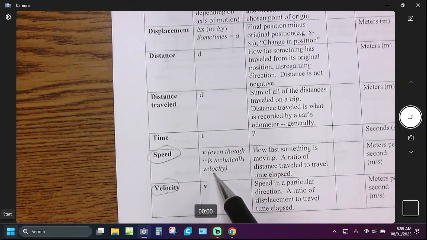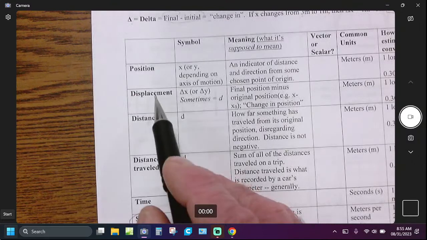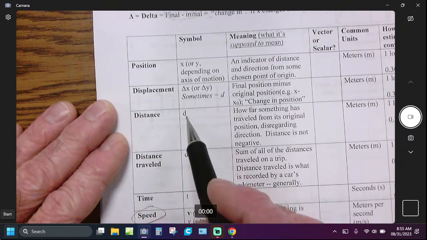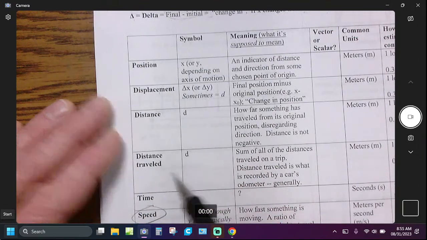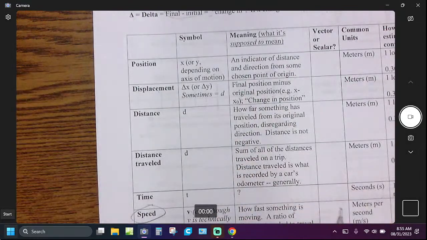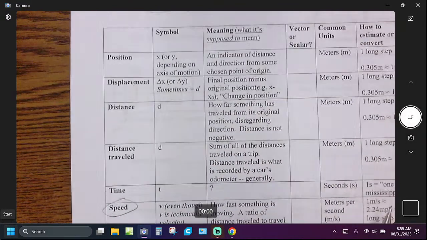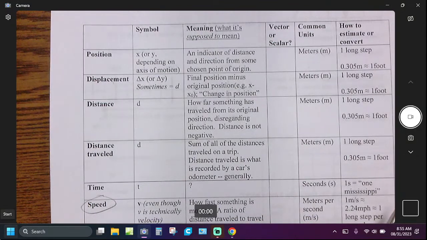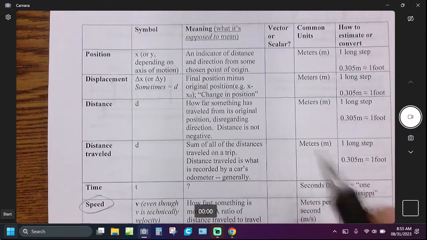And with displacement, a lot of times you'll see a displacement graph with a d in it, which is really for distance and distance traveled. If you're ever confused about what a symbol means, you can just ask. A lot of things get used in multiple ways, and it can be confusing.